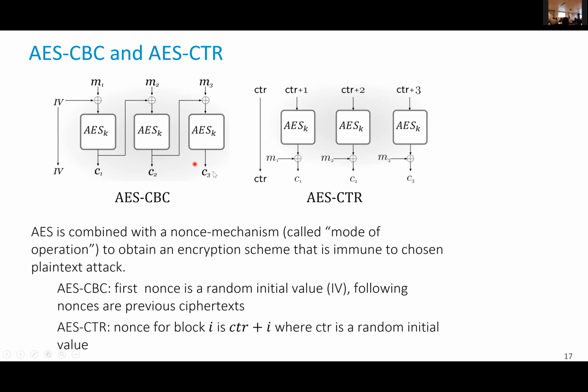In order to be able to do the reverse, I need to start from the first. I need to decrypt C1 correctly. Only after decrypting C1 and obtaining M1, I am able to decrypt C2 and obtain M2, etc. So this will make sure that all the different blocks, even if they are seen again and again, will give completely different ciphertexts here.